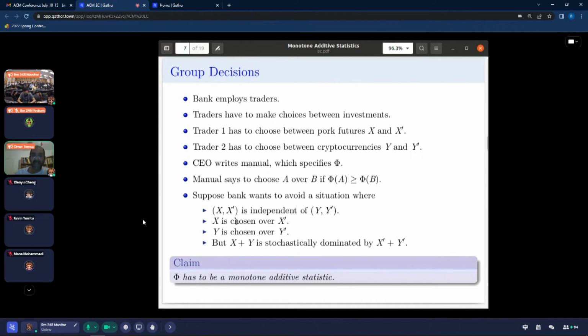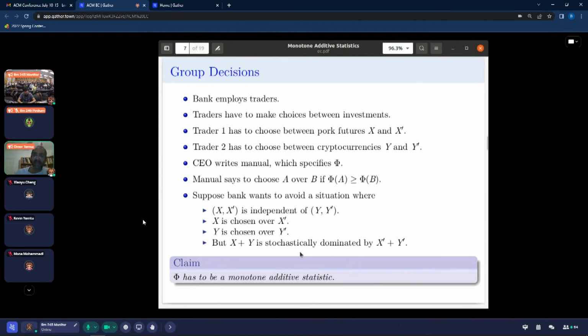And imagine that trader one chooses X, trader two chooses Y, but X plus Y is stochastically dominated by X prime plus Y prime. So this seems undesirable. Somehow we've made these two independent choices, and we've ended up with something that's stochastically dominated by having both of them choose the other thing.